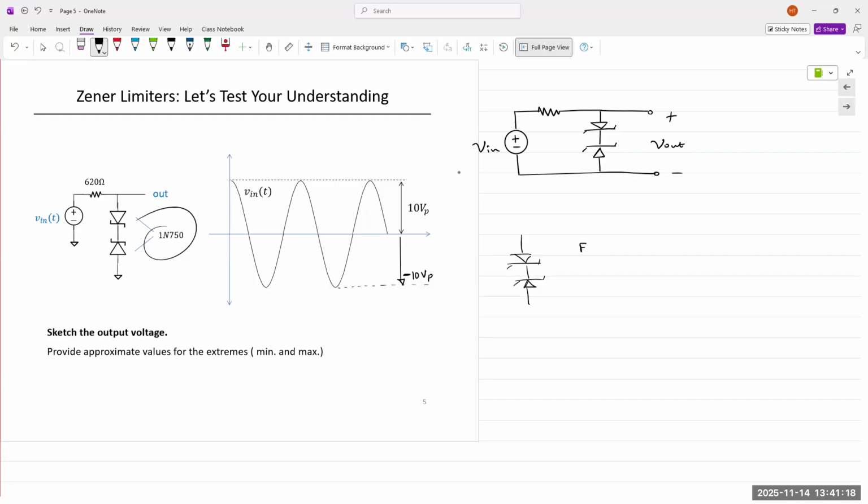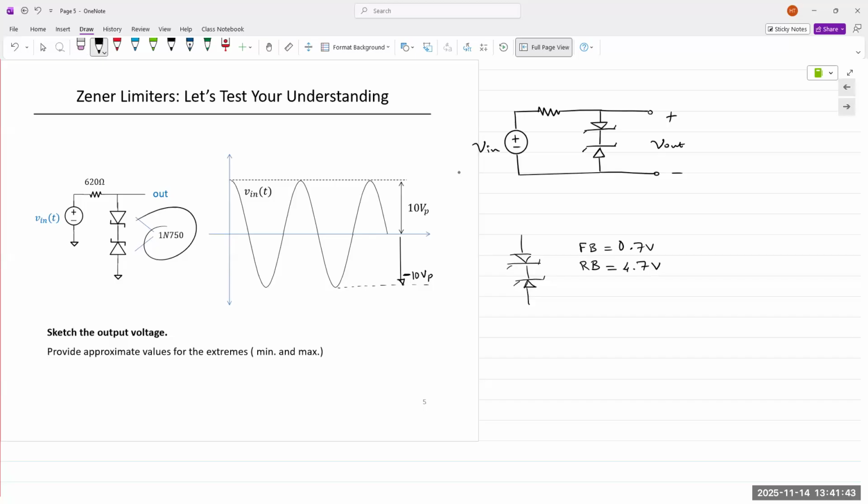In forward bias, the diode voltage drop is 0.7. In reverse bias, that same diode will require 4.7 volts. And they are connected back to back. Actually, it's not back to back, it's like front to front, cathode to cathode.